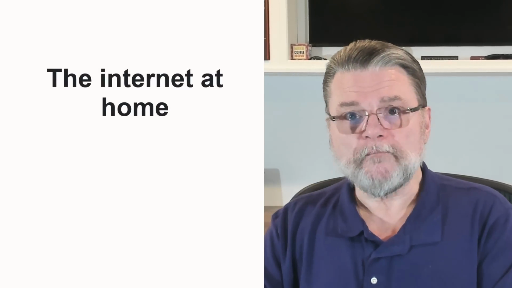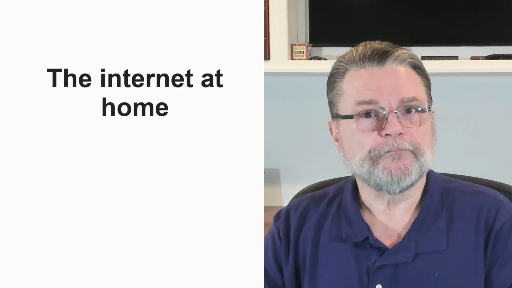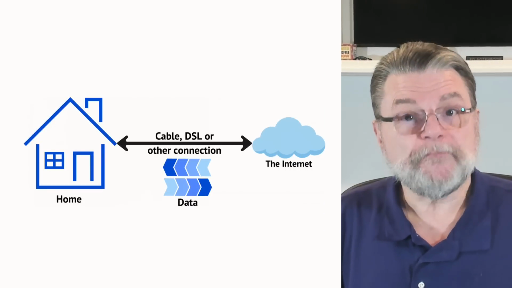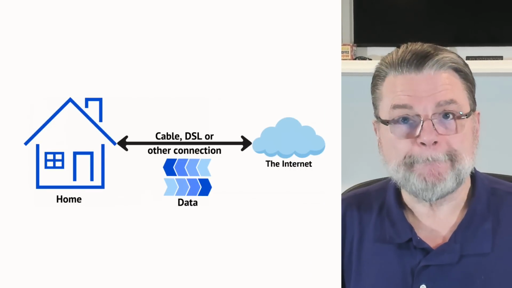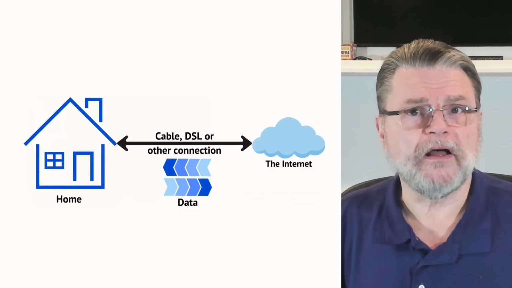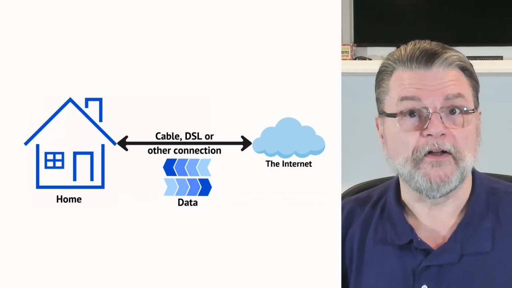Now, at home, things are actually a little bit simpler. Typically, you get the internet into your home via a connection from your ISP. It'll be DSL over your existing copper telephone lines, or via cable, or via something else.